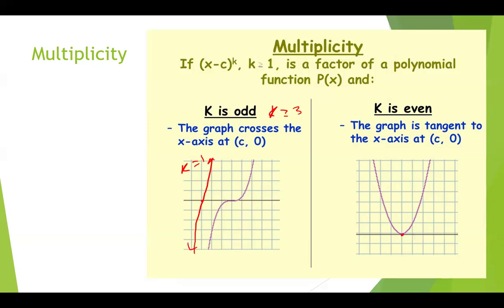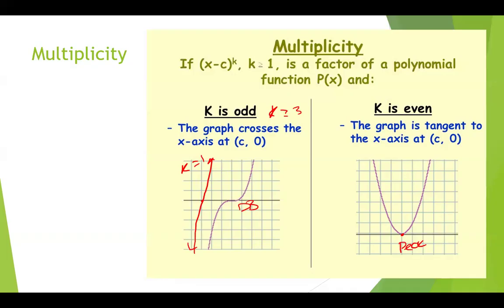So notice here, I'm at a positive y, and then it's going to bounce back up. It's going to remain a positive y. Does that make sense? Okay. So again, this is a drive-by. This is a little peck. And those are your two different multiplicities. It all depends on your factors.